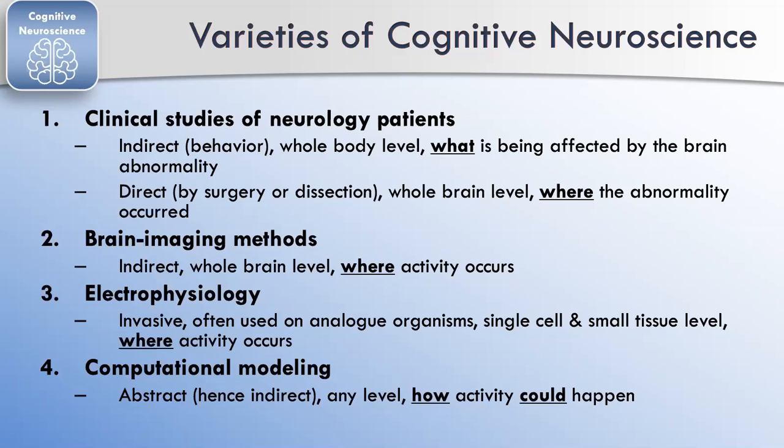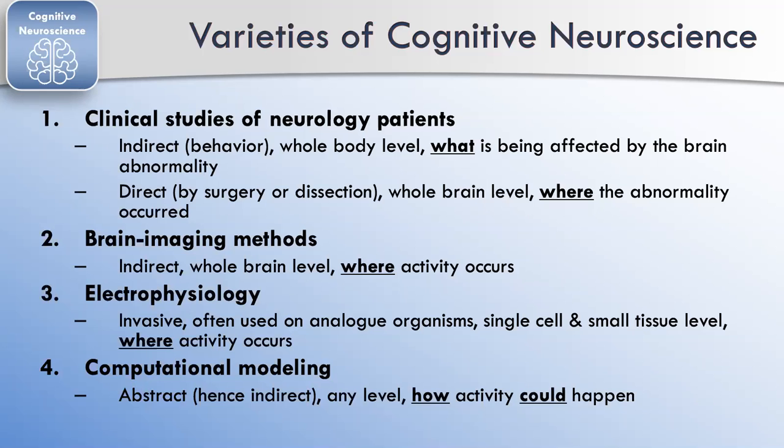So I'm going to go through each of these areas in cognitive neuroscience to try to bring the brain back into the picture here, and some of that evidence to see how it fits into what we've been discussing. We're going to start off with discussions of clinical studies, which we're getting better and better at. Brain imaging methods, again, which the technologies were developed in the past century and have been getting better as we go on.